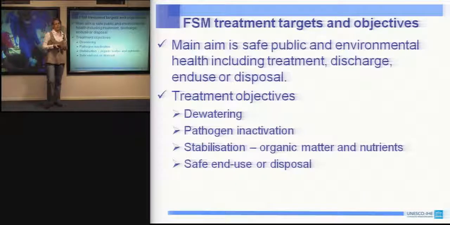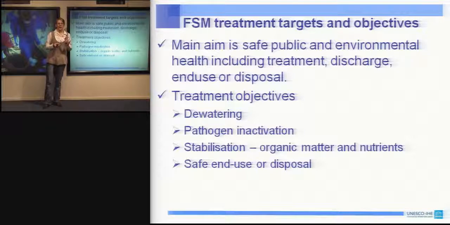Coming back to the fecal sludge treatment targets and objectives, the main aim is to provide safe environmental and public health, which supports the entire chain of fecal sludge management, starting from treatment, discharge, end use, or disposal.